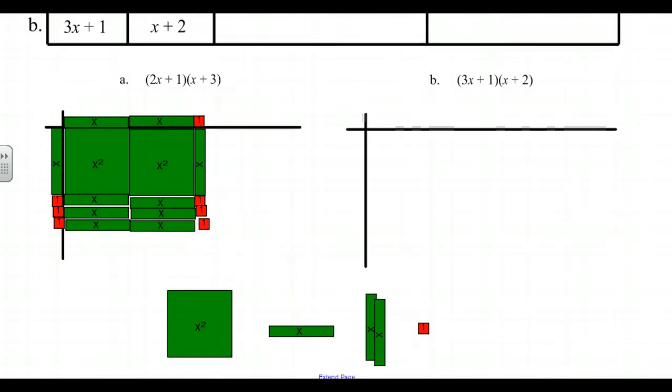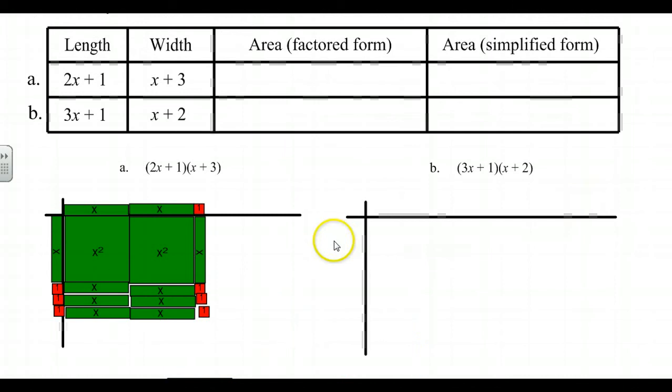Okay, so what have we got? The area, the factored form, is to say we're multiplying length times width. Oh, gotta get a pen.